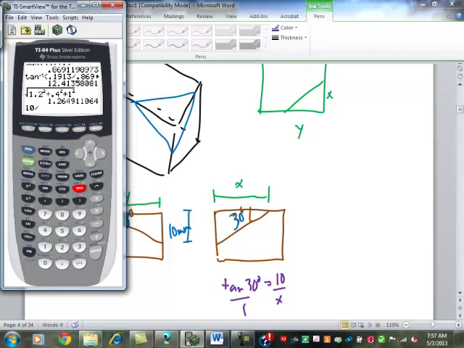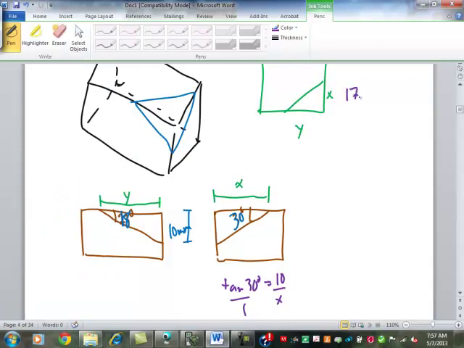Should be 10 over X. So it's 17.32 is X. Because here, if this is the angle, 10 is the opposite. Opposite goes on top. X is the adjacent.